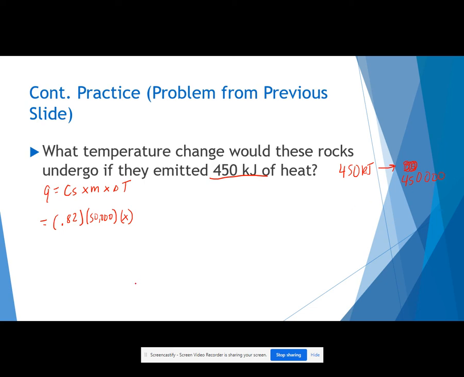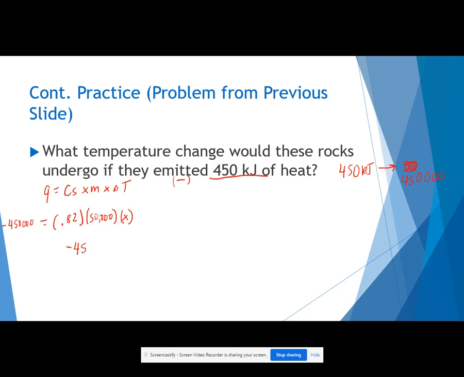The other thing that you have to pay attention to is your heat. You can gain or lose heat, and that's going to change the sign. This says it emitted 450 kilojoules of heat. Emitted means that I'm going to get a negative sign. So over here I have to put negative 450,000 joules. Then you can go ahead and solve.